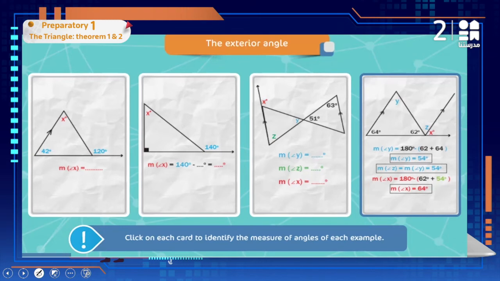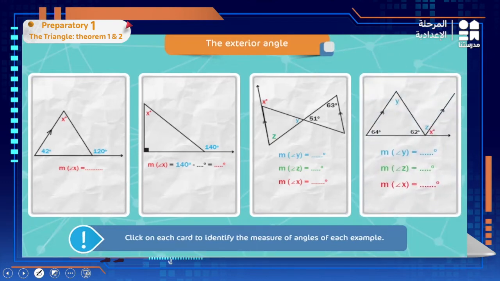Since the sum of the measures of the interior angles of a triangle is 180, therefore the measure of angle y equals 180 degrees minus (62 plus 64), which equals 54 degrees. The measure of angle z equals the measure of angle y by laws of alternate angles, which equals 54. Therefore, the measure of x equals 64 degrees as the interior angle of a triangle, because they are corresponding angles which lie on the same side of the transversal.